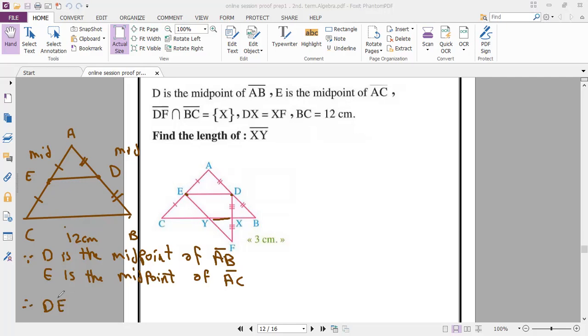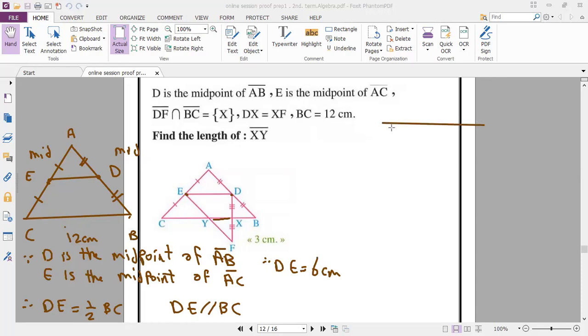Then DE equals half length of BC, and DE is parallel to BC. So DE in this case is going to be 6 because BC equals 12. So DE equals 6 centimeters.